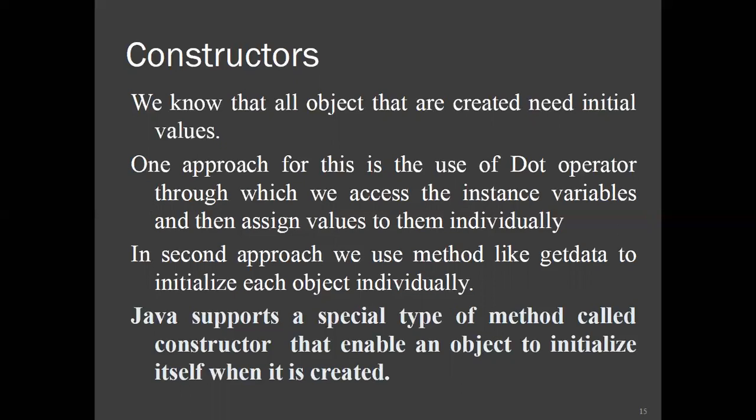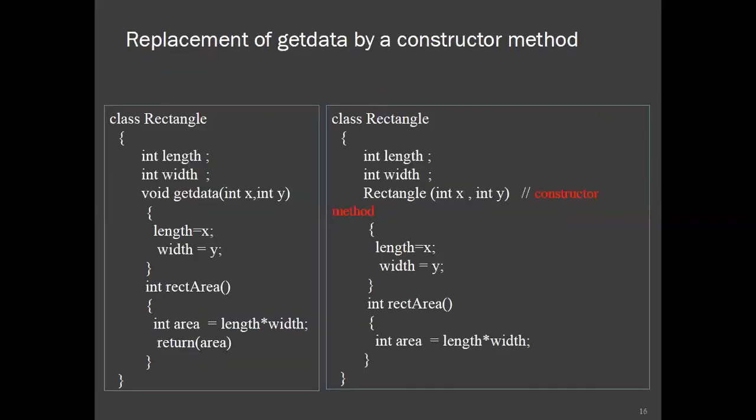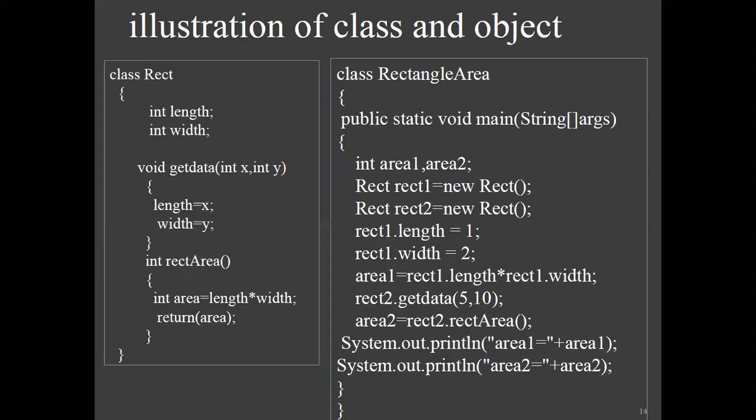So we know that all objects we have created need to have their values initialized. In the previous class, I created one object called rect1, which in turn refers to the length and width, and these values I need to initialize.